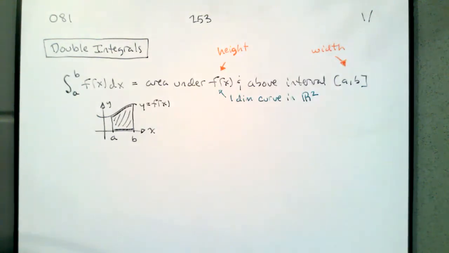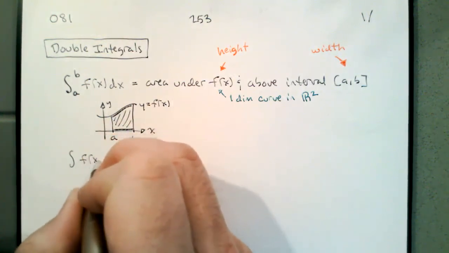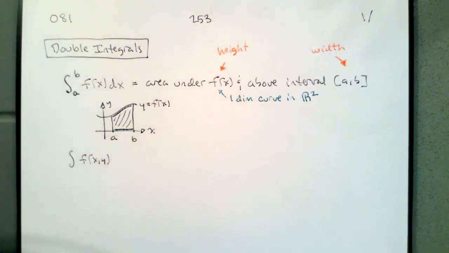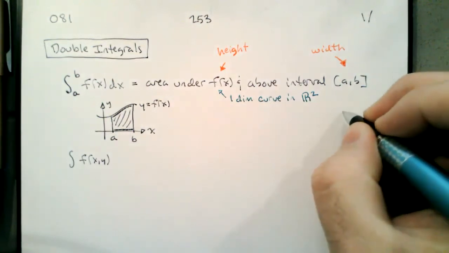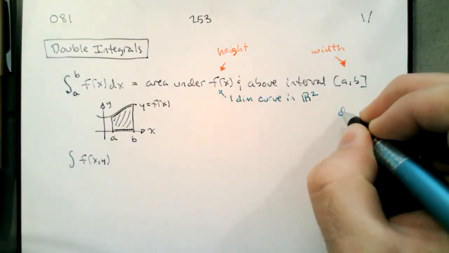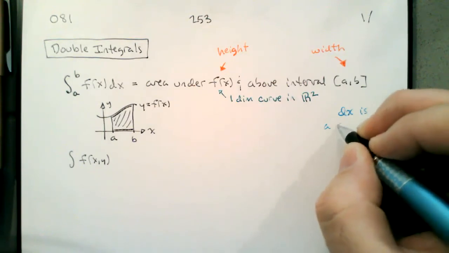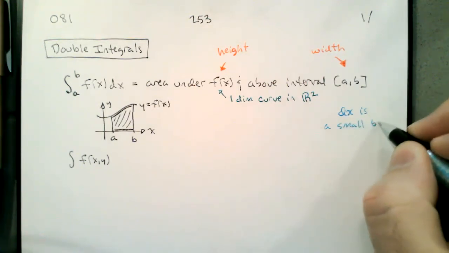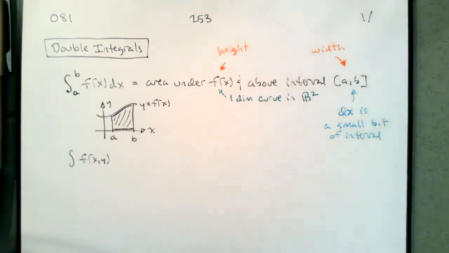So when we upgrade our function of x to a function of x and y, instead of dx being a small piece of the interval that came out of a delta x, dx is a small bit of the interval, because our assumption is going to be, we want to use multiplication.